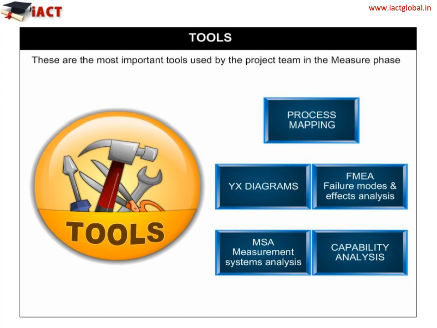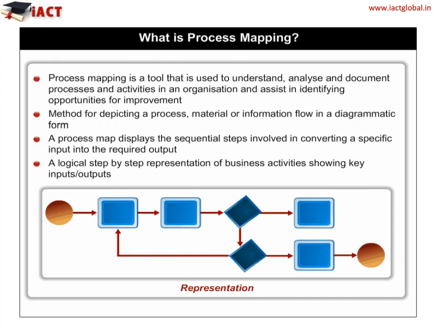Capability analysis. The usual sequence of using the tools is process map, followed by YX diagram and FMEA. MSA tools are used to ensure that the data is appropriate for its intended use and to assess the measurement error. Usually, the MSA precedes capability analysis.